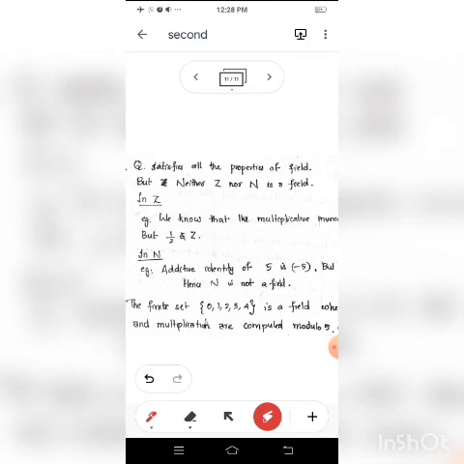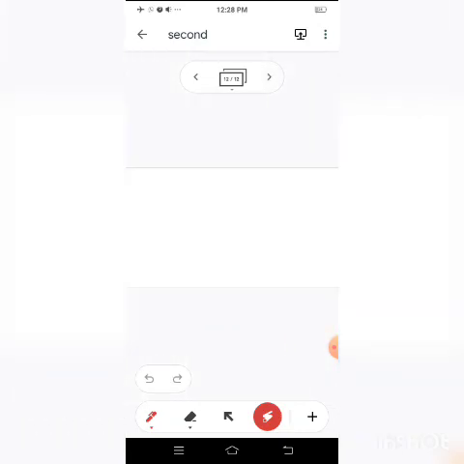Okay, so if we take any two rational numbers, for example R and S, then exactly one of the following is true: either R less than S, or R equal to S, or R greater than S. If you choose R and S, one of these three will happen.